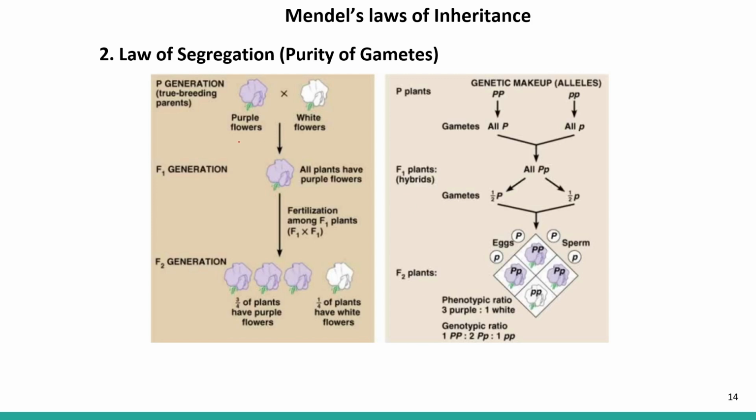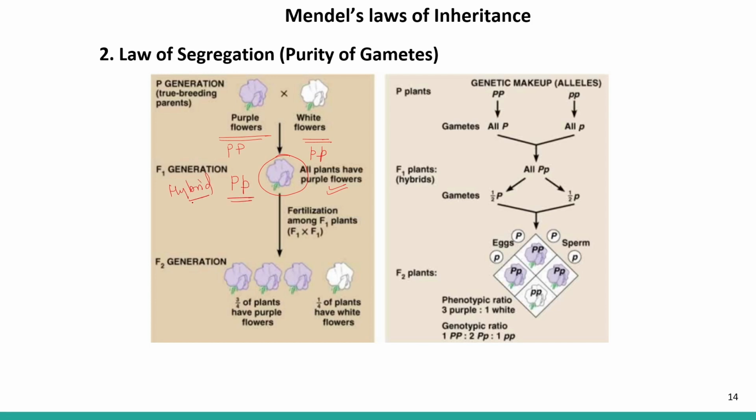So we are taking one more example to understand this. This is pure purple flowers and this is the white flowers. So what we see in the F1 generation, all plants have the purple flower. If the purple is denoted here as P, so this will be the condition, and here we will have capital P, small p, that is the hybrid.